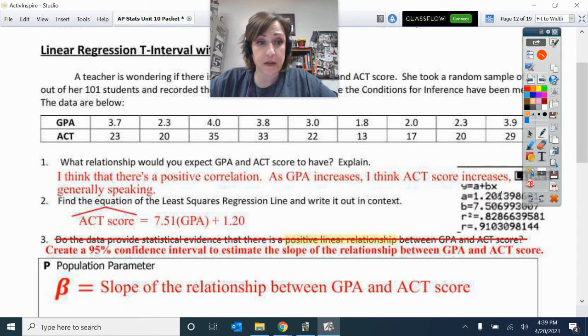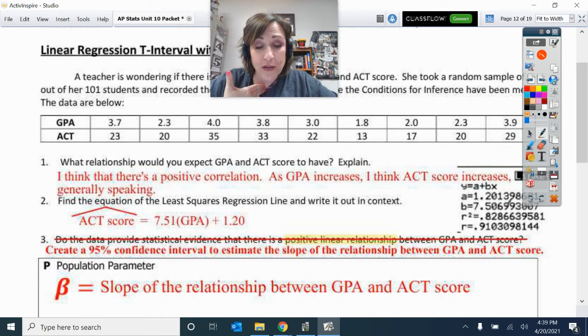All right, now I'm asking you to create a 95% confidence interval to estimate the slope of the relationship between GPA and ACT score. So let's have a confidence level of, what's that range that we can estimate the real slope, because I doubt it is 7.51.